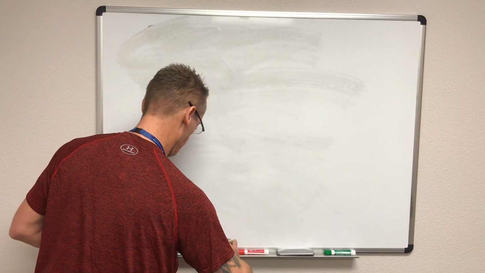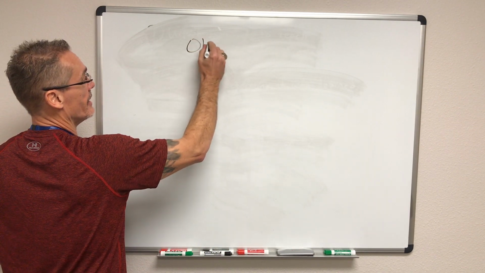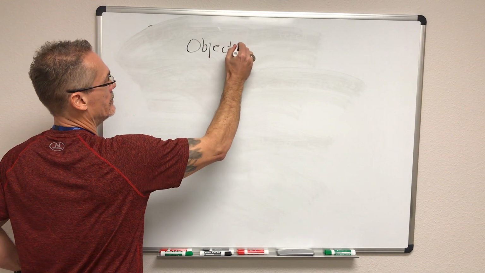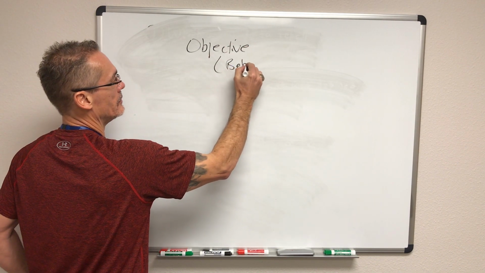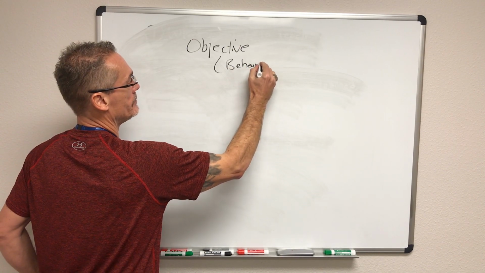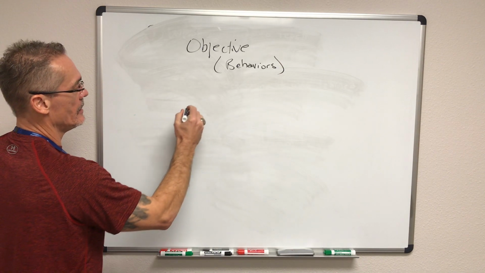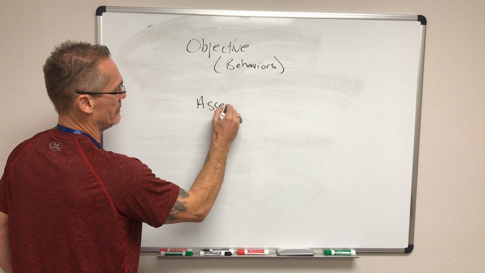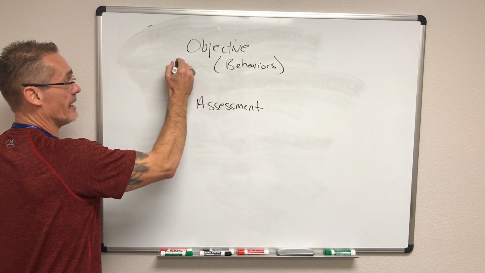Okay, so you've got your objective that includes behaviors that you want to see, right? Then you've got your assessment. It's got to be alignment here.